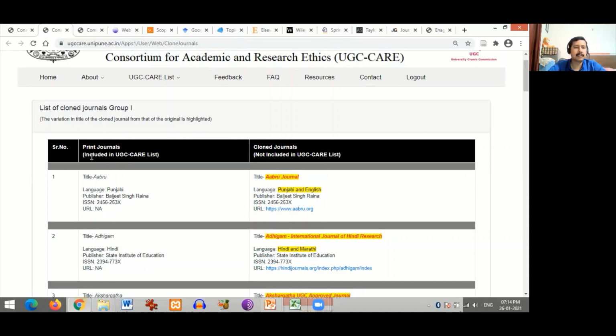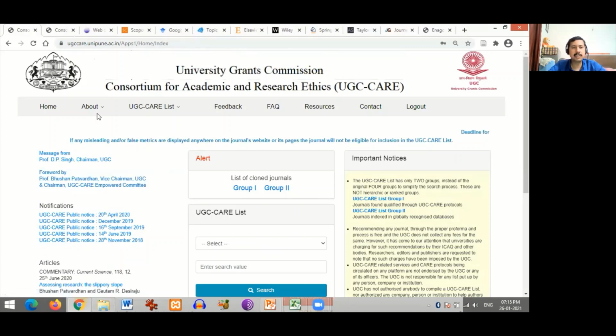The fact is that Abru does not have a web edition, it is published in print only. This is exploited by people with malign intention to set up a website having the same journal name in order to attract authors. So authors should be aware of this and should not be misled. That's about UGC Care journal list.